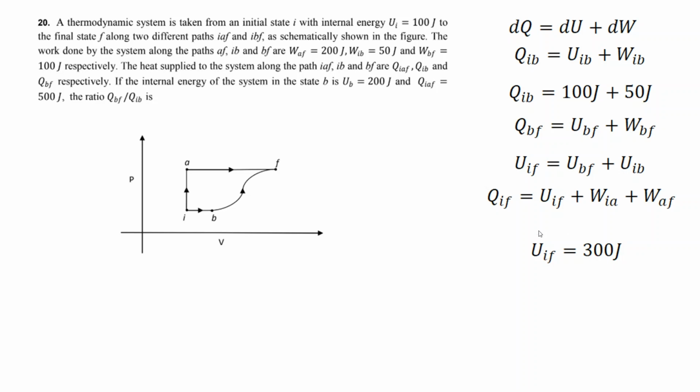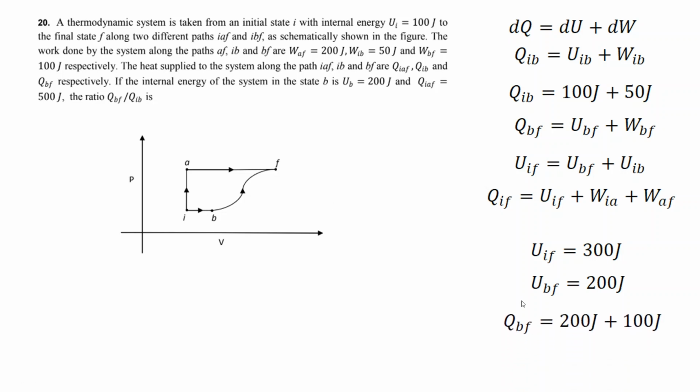If you substitute this 300 joule here and you know that UIB is equal to 100 joule, you get UBF is equal to 200 joule. So we have got the internal energy change from B to F, using the fact that the internal energy is a state function and the change in internal energy depends only on the initial and final position.